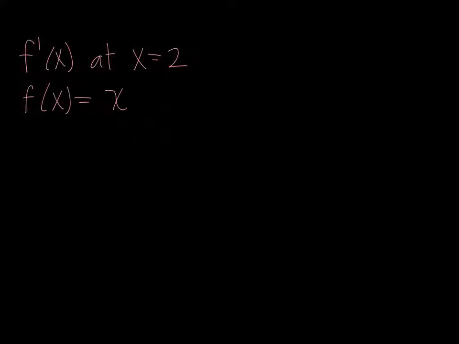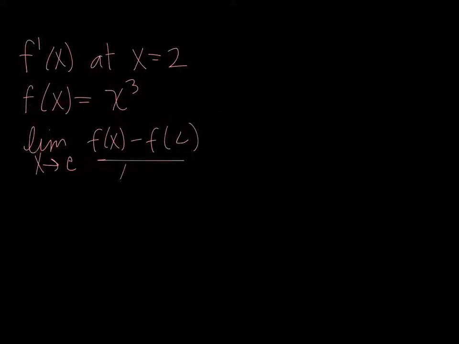The next question asked you to give an example asking to find the first derivative of x to the 3rd at x equals 2 using the definition of the derivative. So f prime of x at x equals 2, with f of x being x to the third. And that one we will be doing the limit as x approaches c of f of x minus f of c all over x minus c.